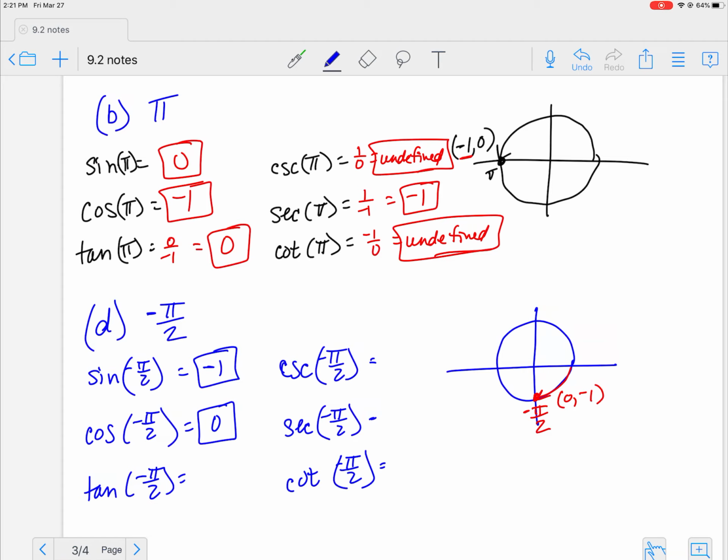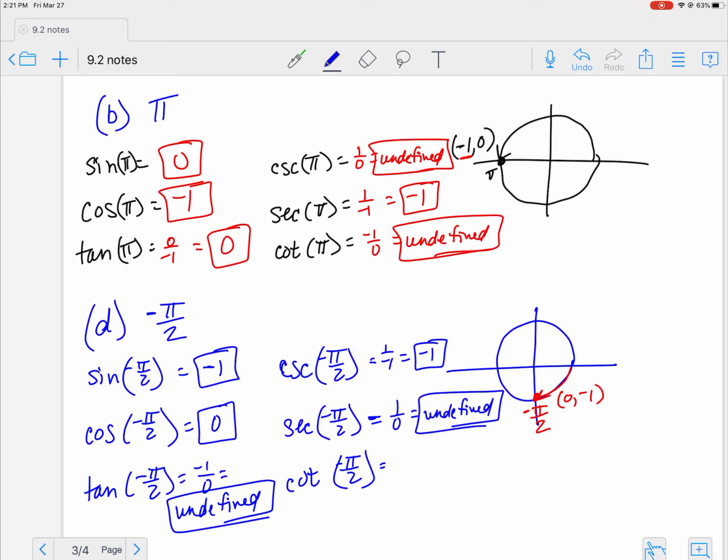Okay, sine is the y values. In this instance, we have a -1. Cosine are the x values, so we have a 0. Now, tangent is -1 over 0. As soon as I have that 0 in the denominator, that's what's going to give me undefined. Good. Cosecant is now 1 over -1, giving me that -1.